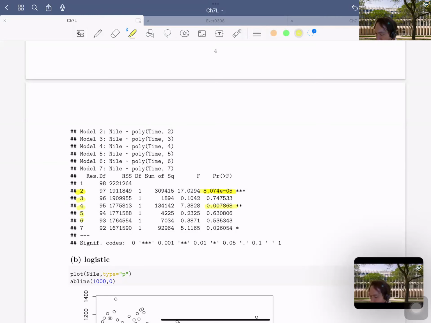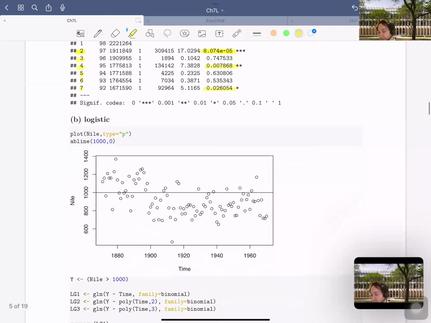And 5 and 6 don't really improve, and 7 is actually better than 6. I don't really know whether 7 is better than 4 or not. So maybe I should test the second one against the fourth one, but this is just one sequential result.